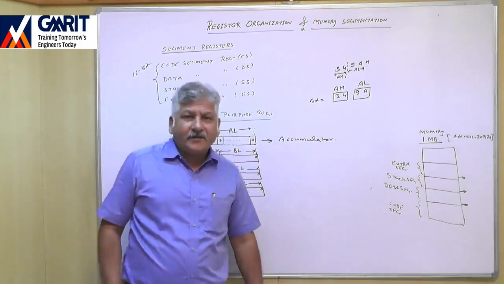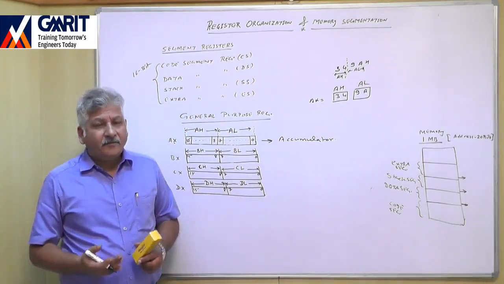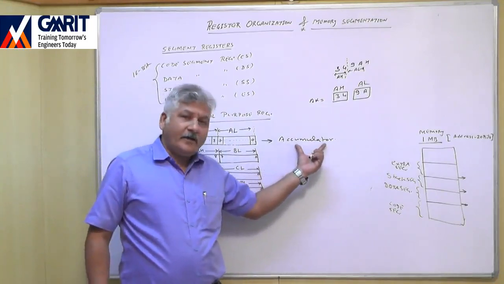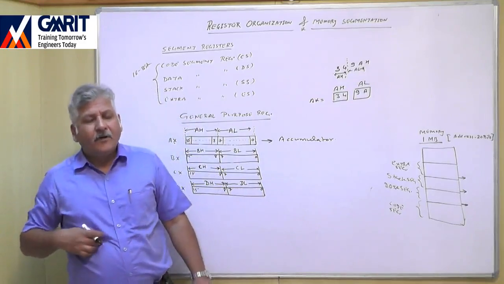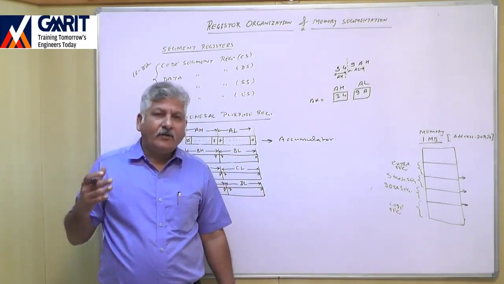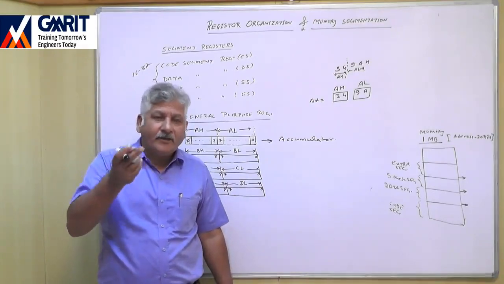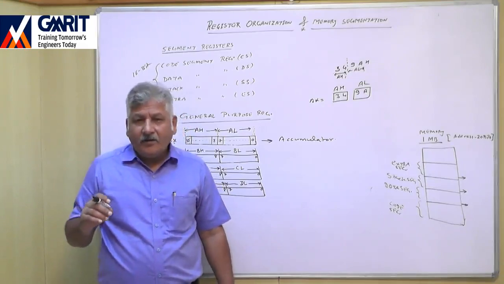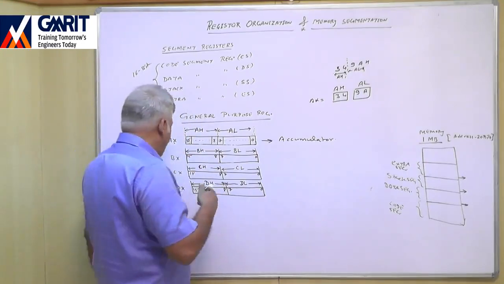In many instructions, one of the operands is in AX only, right? Suppose you are performing some operation where you require 2 numbers. In many instructions, out of 2 numbers, 1 number must be in the AX register. So this time it is having some special function.